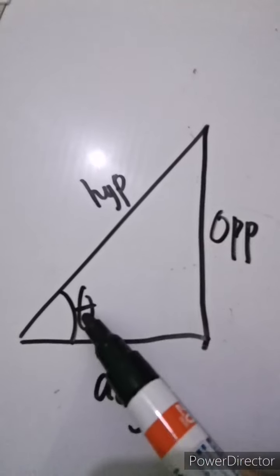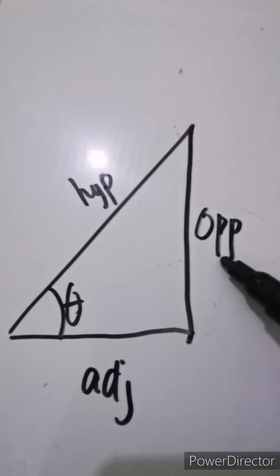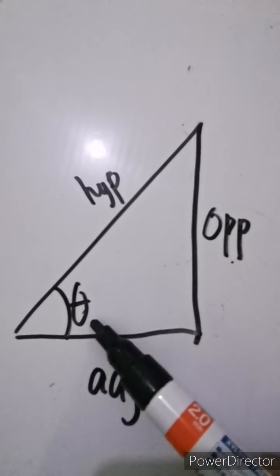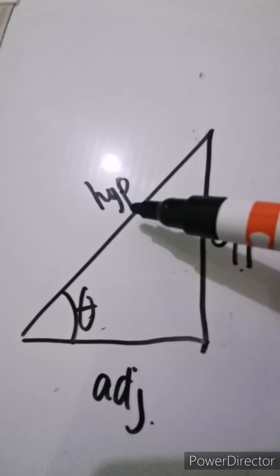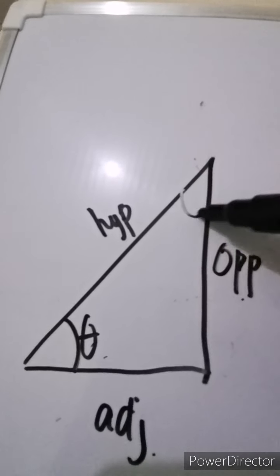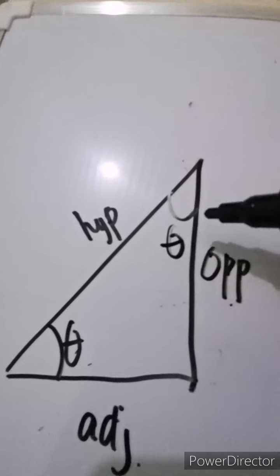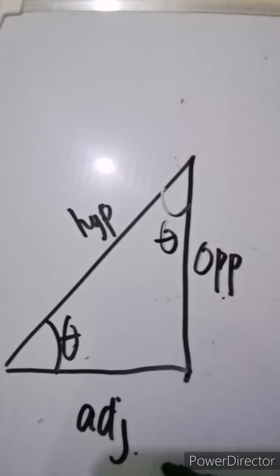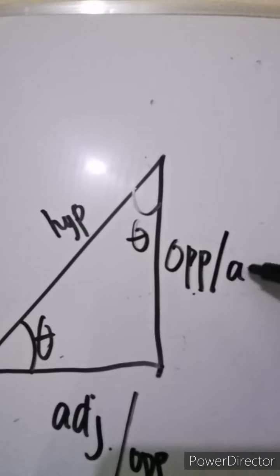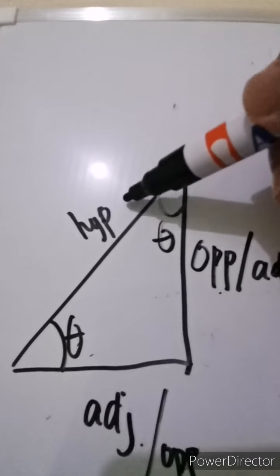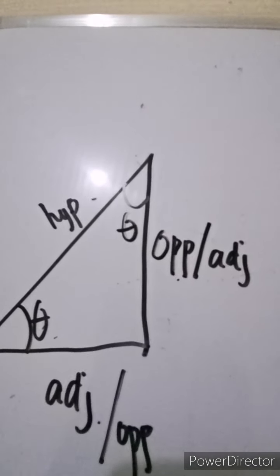So, yan yung mga reference angle natin na makikita. So, this is the reference angle. Ito yung opposite side. This is the adjacent side. And this is the longest side na lagi siyang nakafix. So, for example, ito naman yung reference angle natin. Kung yun ang reference angle natin, this will become the opposite. This will become the adjacent. And this is still the hypotenuse.